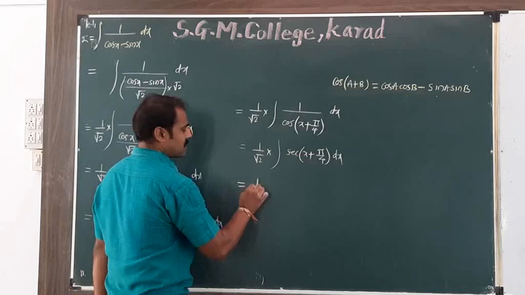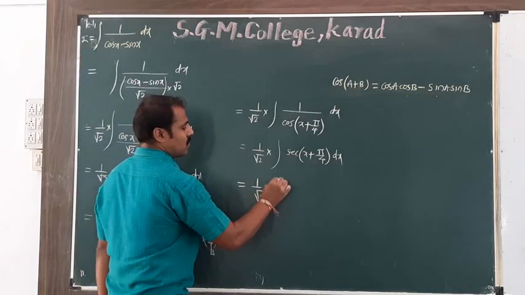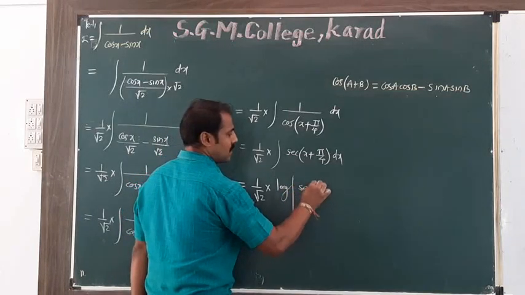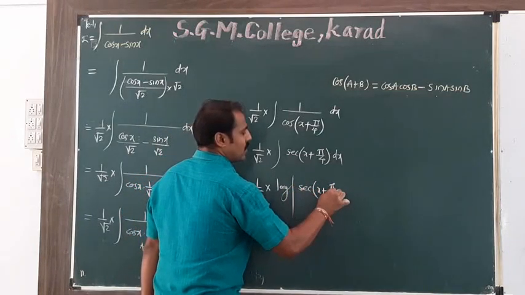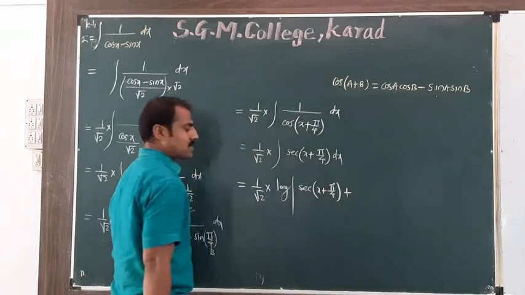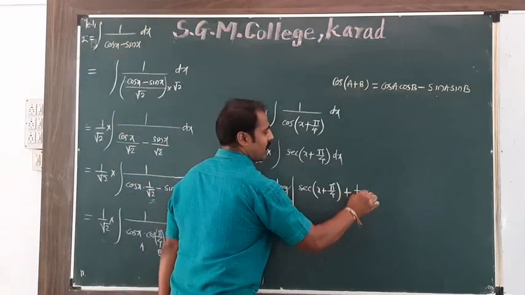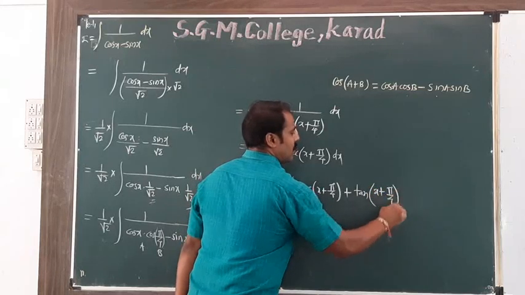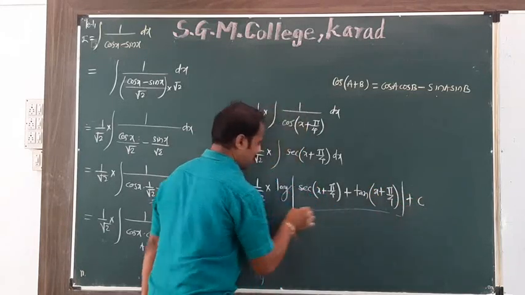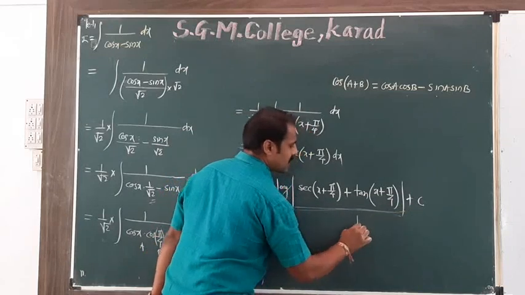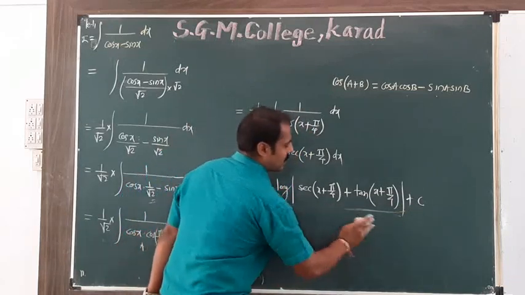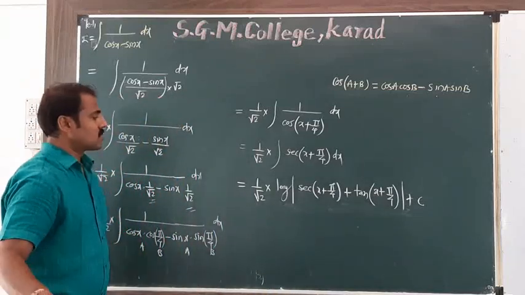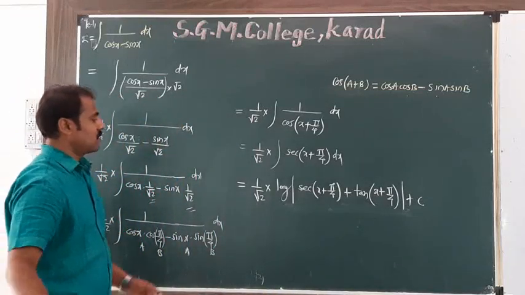So here is the answer: 1 upon root 2 into log of mod of sec of x plus pi by 4 plus tan of x plus pi by 4, plus constant of integration c. Here we divide by the coefficient of x, that is 1, but don't divide it because it is already 1. Okay, so here is the answer of the third question.